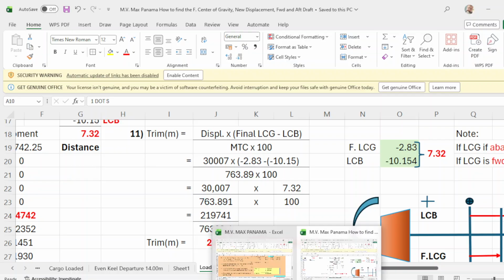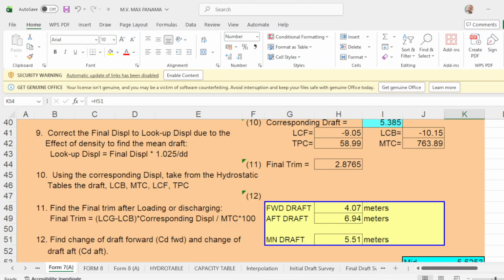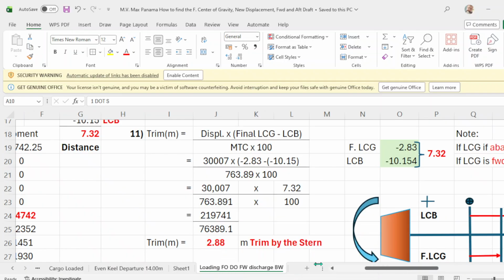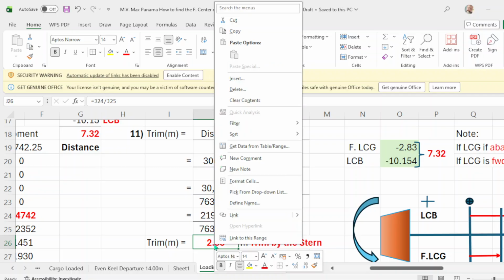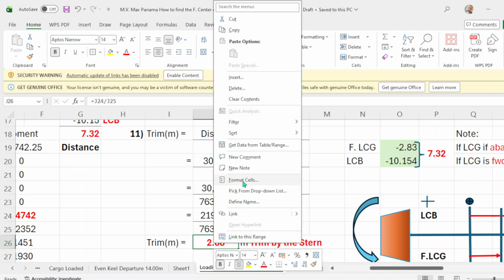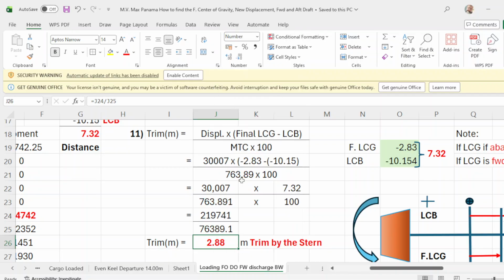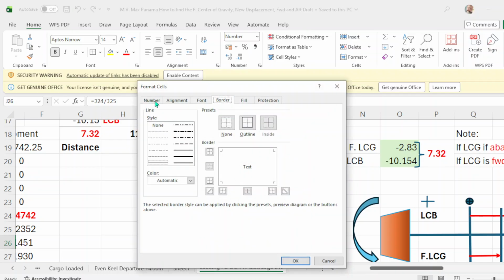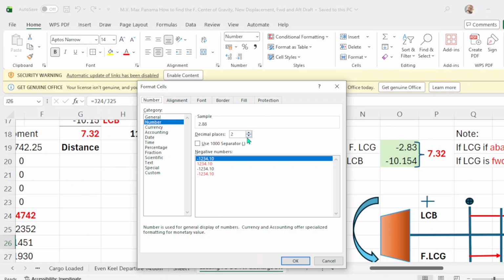And what is his trim here? Trim is 2.87. So I just round it up. That will be 2.88. If it will round out, it will make 3.